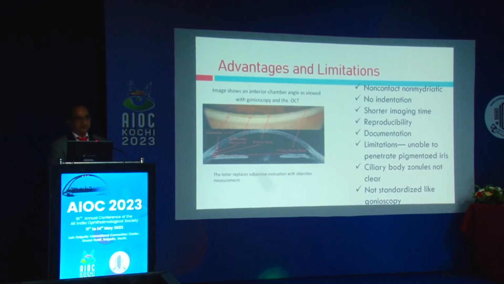OCT is a non-contact, no indentation method, with shorter imaging time, and is highly reproducible and easily documented, but it is limited only to anterior to the iris. It is unable to penetrate the iris, and the ciliary body and zonules are not clear.